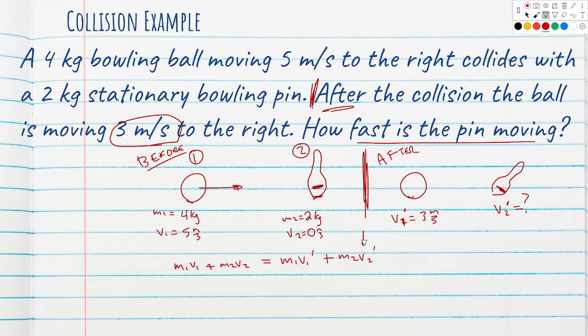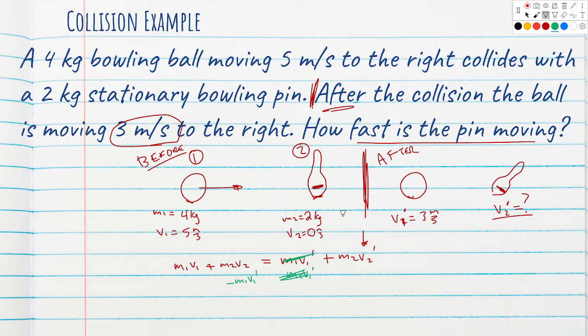As it is, we're looking for this V2 prime, the speed of the bowling pin afterwards. So I need to do a little bit of algebra here, and you can see that if I subtracted M1V1 prime from both sides, that would be a good start.